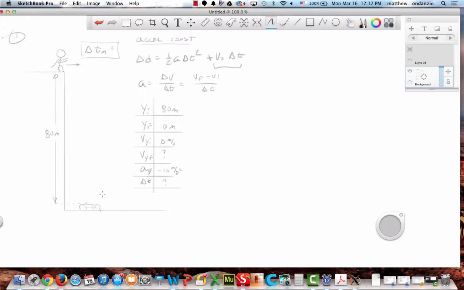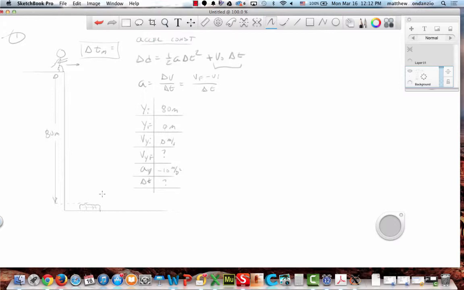The first equation relates the distance that I'm going to travel to the acceleration that I have, that constant acceleration, to the time that I've been traveling, and my initial velocity. The second equation relates my acceleration to my change in velocity and the time that I've been traveling. So this one doesn't involve distance, and this one doesn't involve final velocity. You see the difference? So this is going to help you determine which one you want.